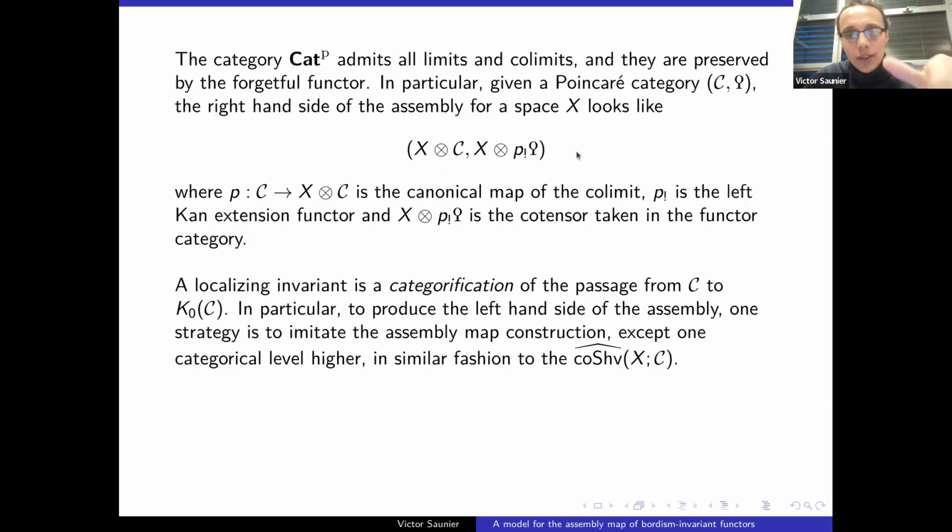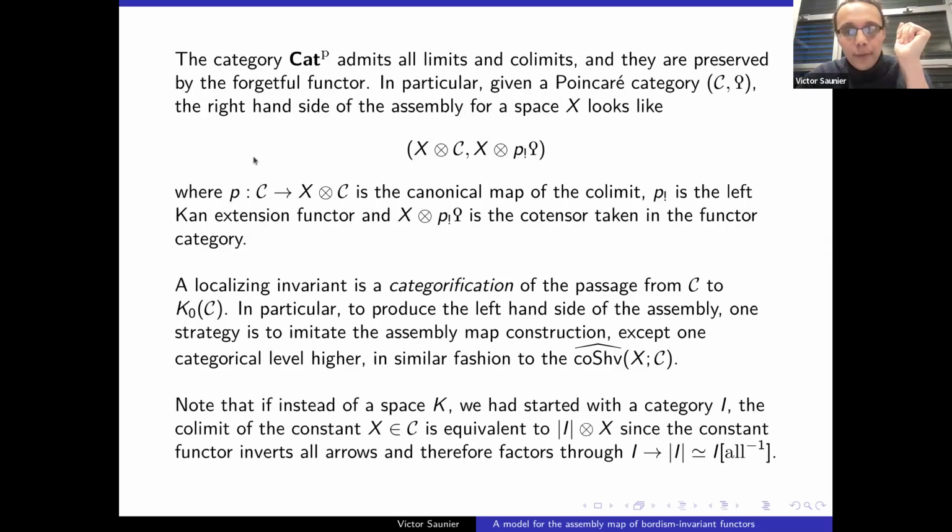The target of the assembly was some colimit, and so now I want to do something that's a two-categorical kind of colimit, and hope that this will be sent to the actual colimit by K-theory. And one thing is that all of this only works for spaces, right? If you start with a category, nothing happens because constant functors factor through the guy where I inverted all arrows, which is just a space. So this is some sort of strategy that is only going to work for spaces.